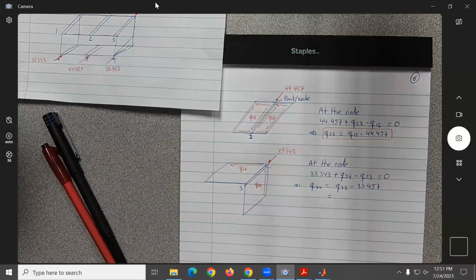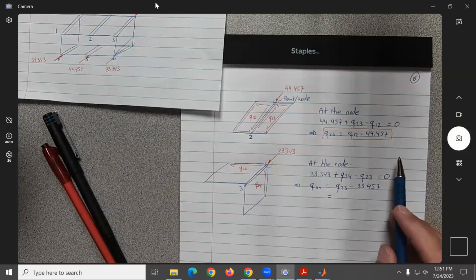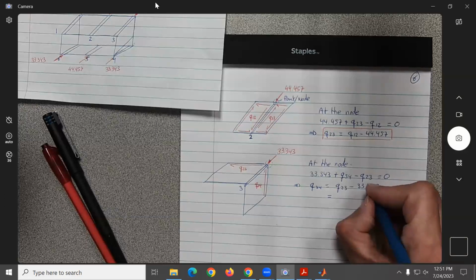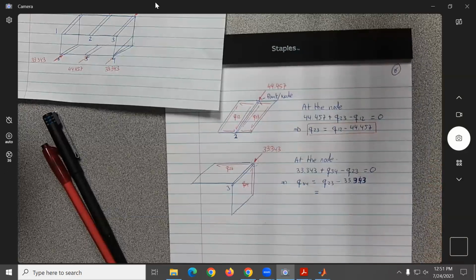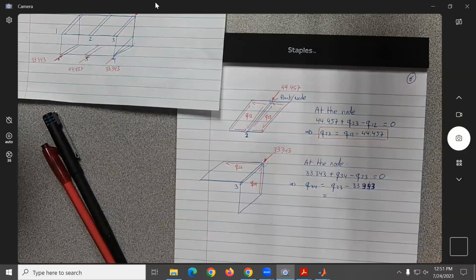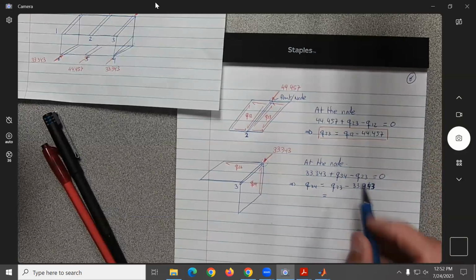What did I do here? 33. Oh, 343. Yeah. I was looking at the top one. 343. Thank you for being good attention. Now, basically, what I'm doing is what? The Q23 is equal to what?